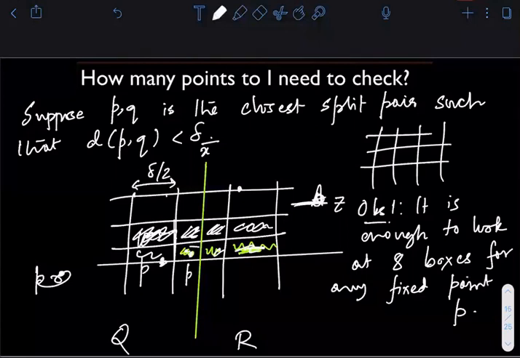But these boxes might contain all the points. What if these boxes contain a lot of points, let's say theta of n points, n half points? Every point might actually lie in these 8 boxes. They could be very densely packed, right? But can that happen?